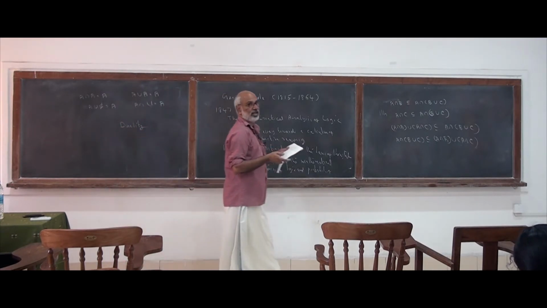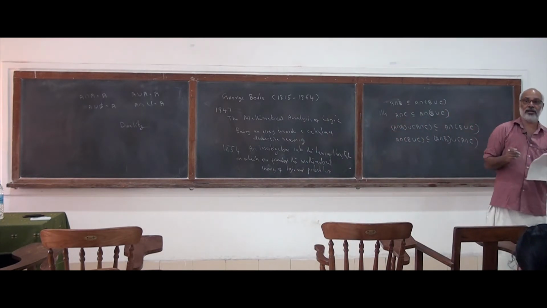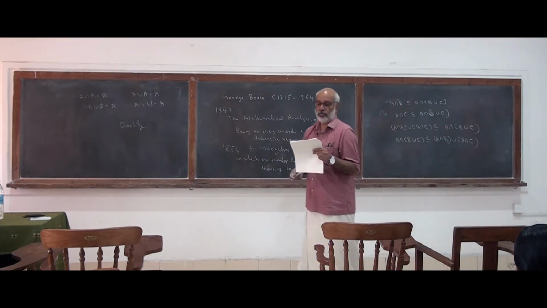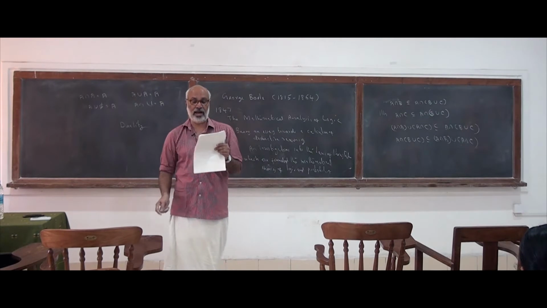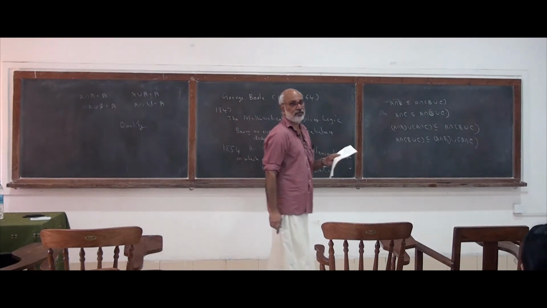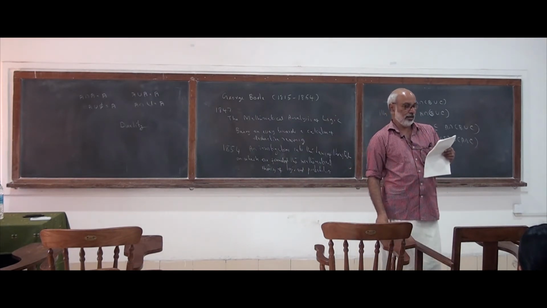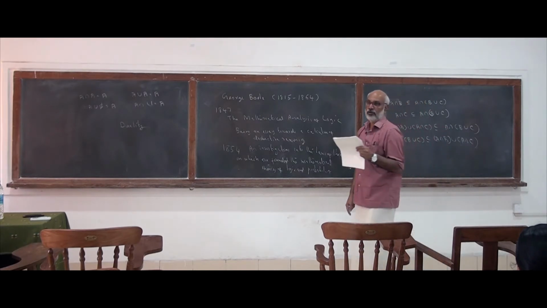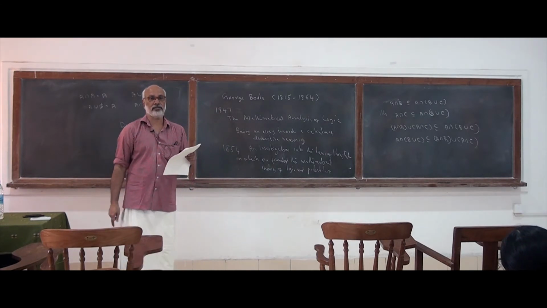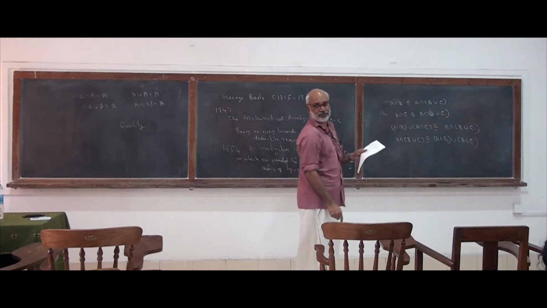Both addition and multiplication are commutative, and both are distributive over each other. Both have identity elements, namely 0 and 1. 0 is the identity element with respect to addition, and 1 is the identity element with respect to multiplication. And for x and its complement, the sum of x and x complement is equal to 1, and the product of x and x complement is equal to 0.